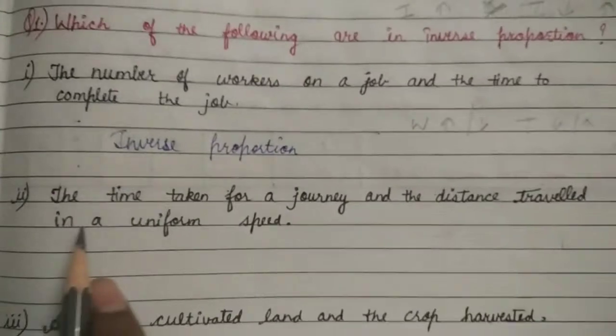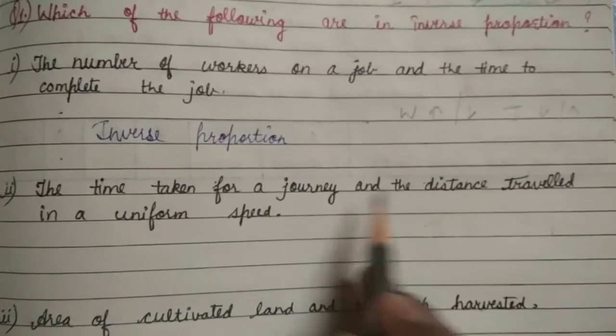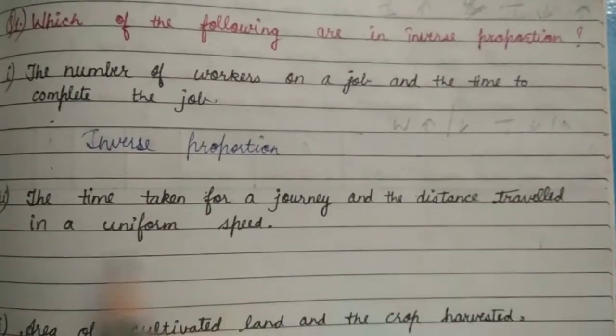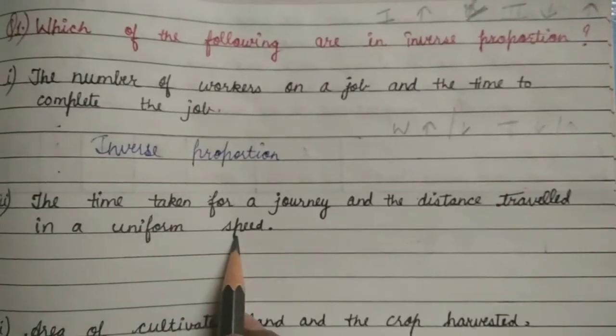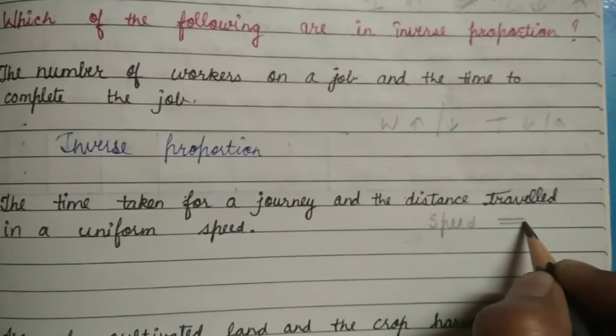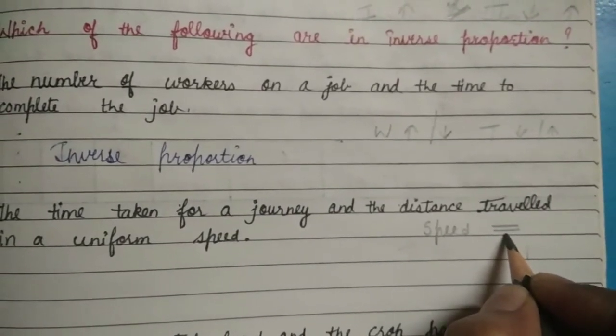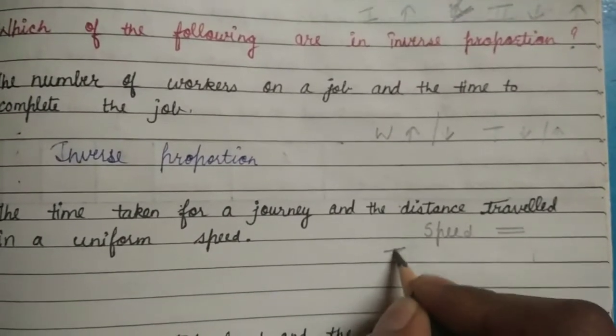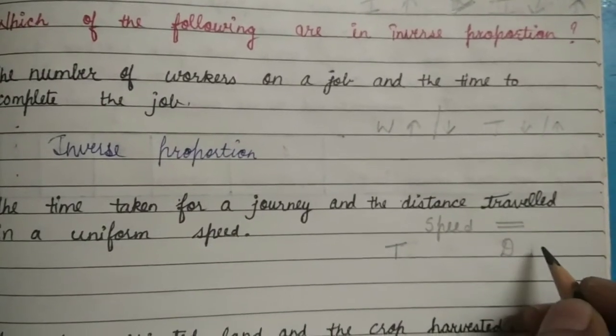Next is the time taken for a journey and the distance traveled at a uniform speed. It means speed is the same, but we have to measure time and distance.